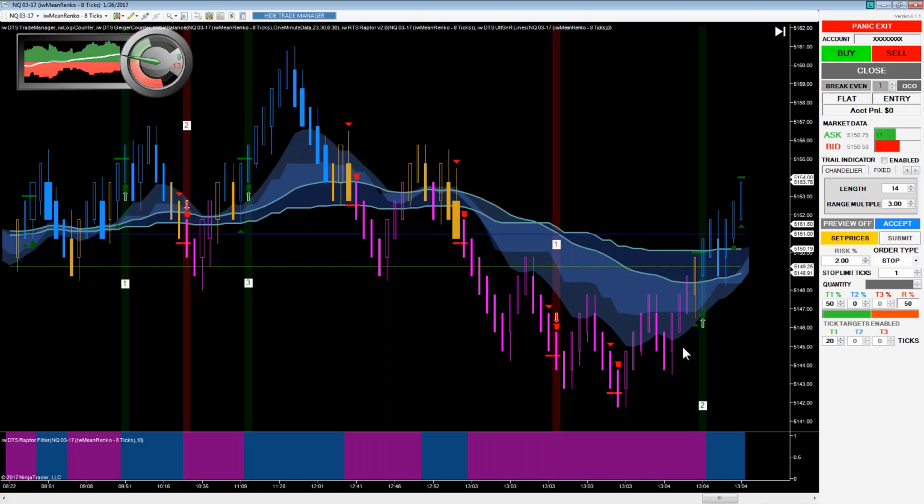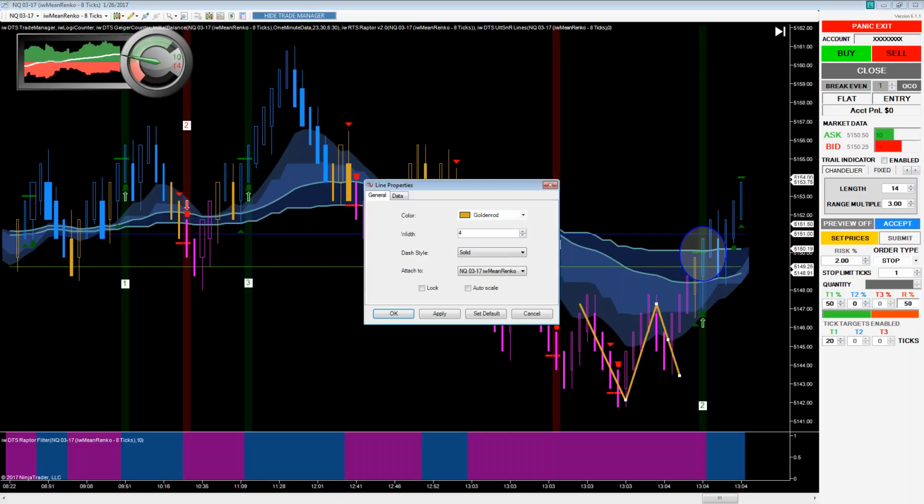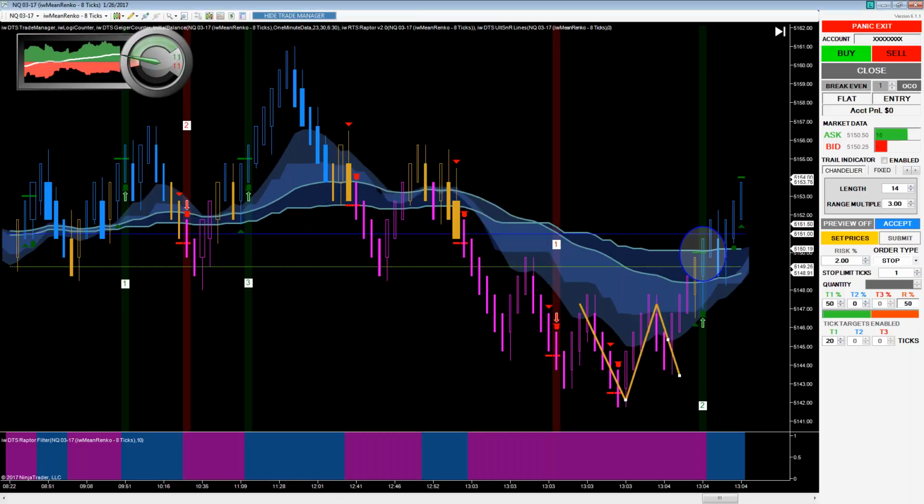But the sensitivity setting allows your Raptor to tell you that, yeah, okay, this is a number 2 based on the test of the extreme down here. If you dialed that value down, so if you made it like a 0.5 or 0.25, this number 2 may not print.